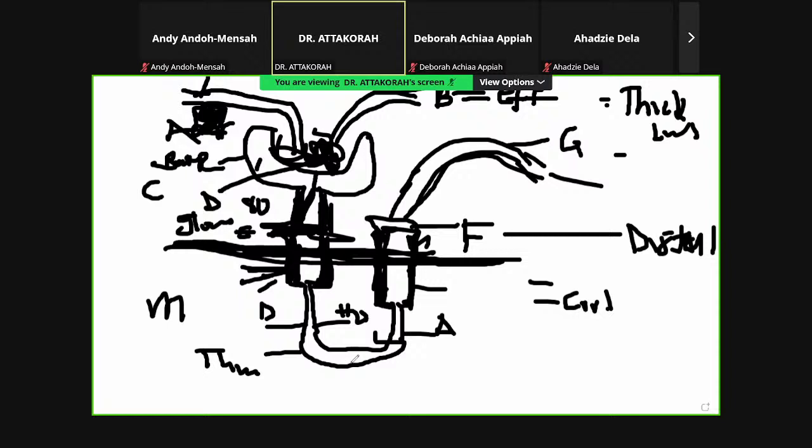There will be lower concentration here because sodium and urea are getting into the medulla, making the concentration there higher. And therefore, water will move from the loop to the medulla, then back into the system.